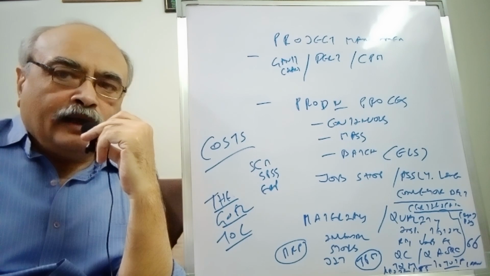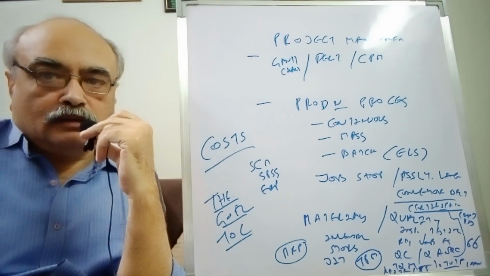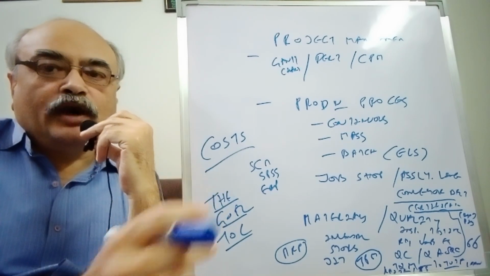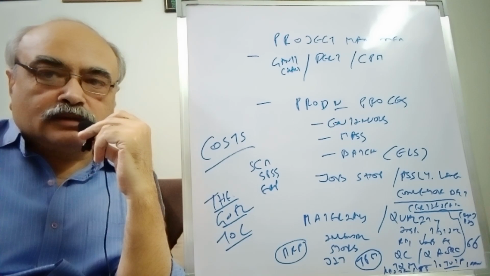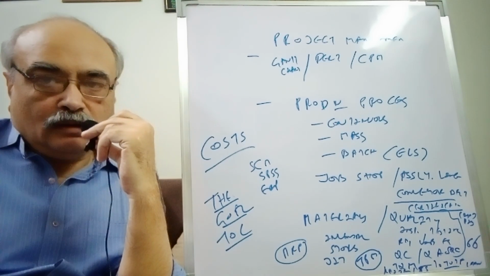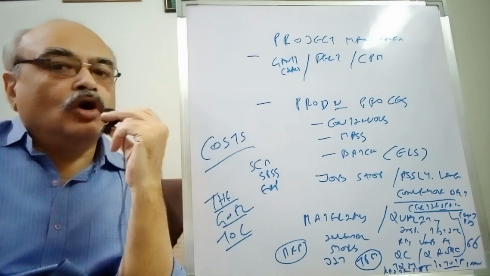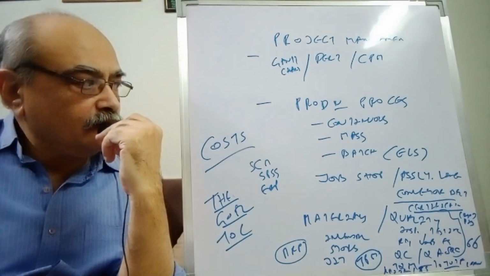So are you in a batch sort of a thing where you produce in certain quantities or lots or batches? Then you have to determine your economic lot size or batch size, beyond which executing the order would not be economical. So these are some of the considerations that you will have to have.